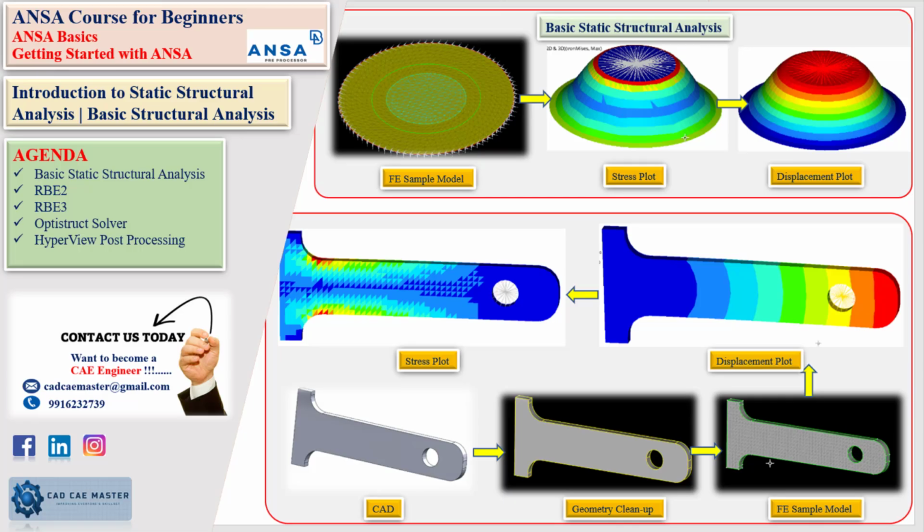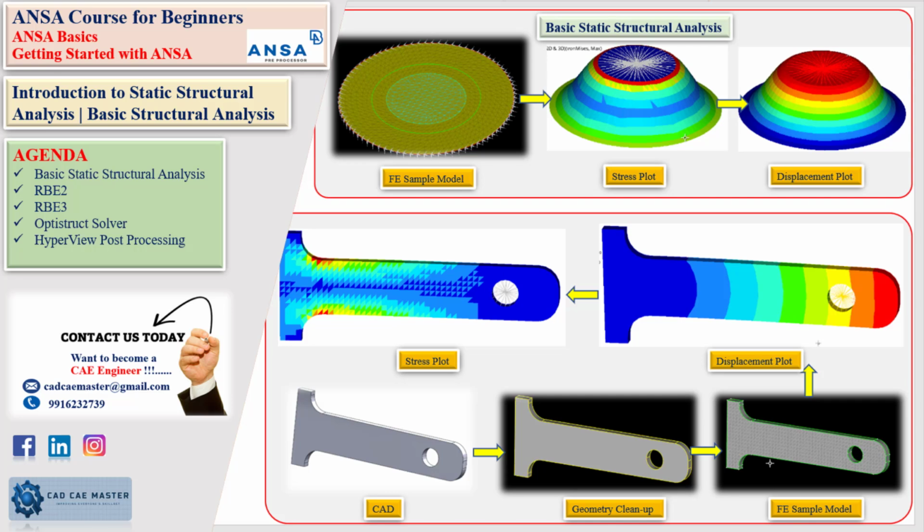Okay, in this session I'll be taking you through the basics of static structural analysis, where you could see I have considered two models. One is a simple plate with hole, and one with the circular plate, where I try to utilize RBE2 and RBE3 for the load applications, and we just compared how we can utilize them and try to run simple structural analysis.